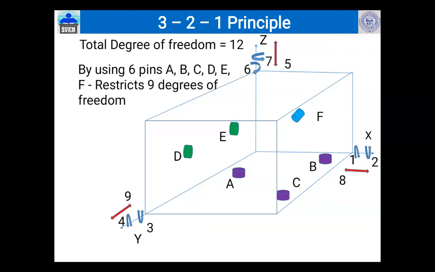So still 3 degrees of freedom is left, that is 10, 11, and 12. So Z upward, X forward, and Y forward. So to restrict these remaining 3 degrees of freedom, we have to use a clamp.